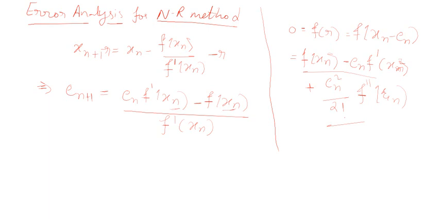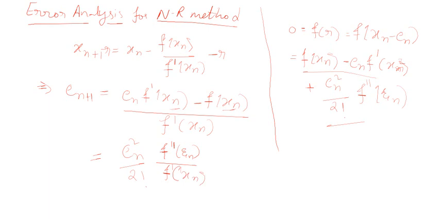From there you can get that this is equals to en square by 2 factorial f second derivative at gn, times f second derivative gn divided by f dash of xn.